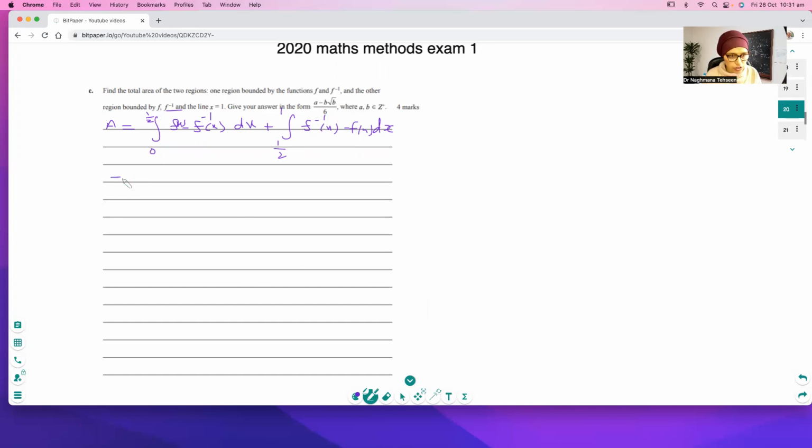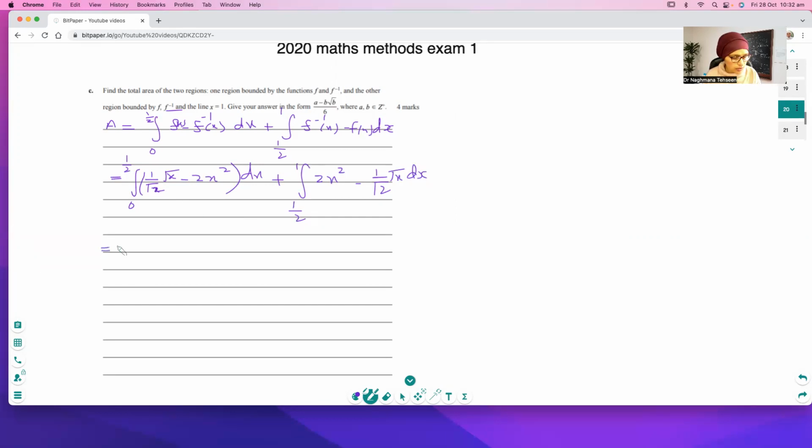Now we just need to integrate 0 to 1 over 2. Our f of x was 1 over root 2 root x, minus f inverse, which is minus 2x squared, dx, plus 1/2 to 1, f inverse is 2x squared minus 1 over root 2 root x dx. Okay, so now let's do the integration from there.